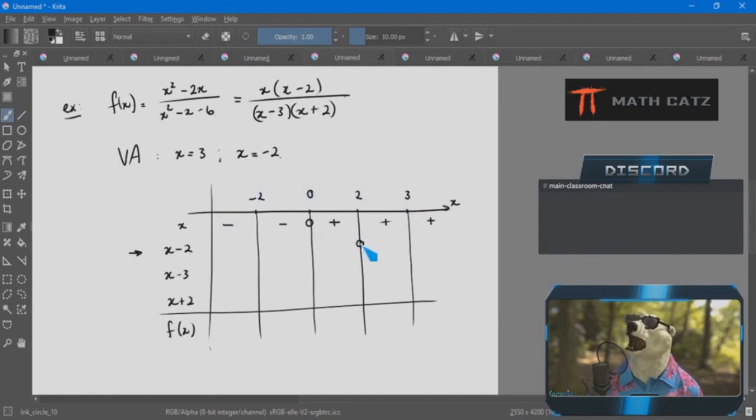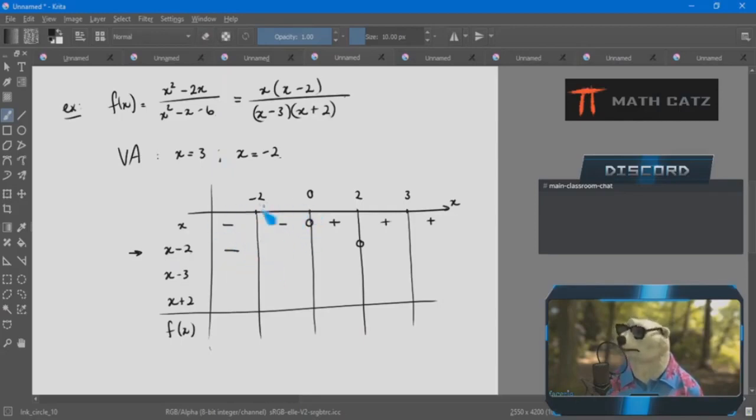So when I have a number, maybe in this compartment over here, this interval, it's less than -2. If I plug that in, like a -3, for example, I get -3 minus 2, which is -5. So I get an answer that is negative. And that's going to be the same for all of these in this interval.